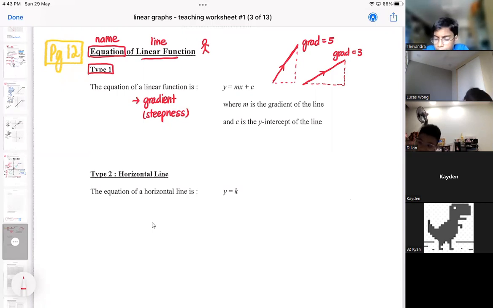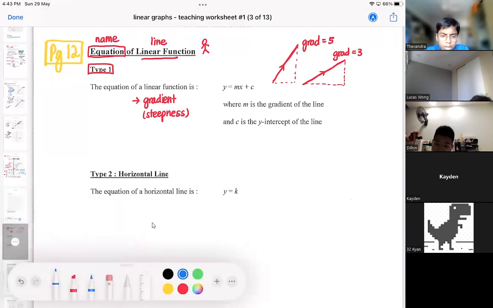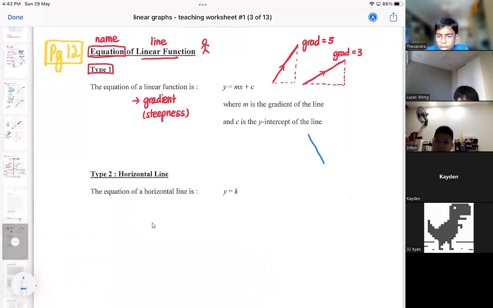Some of you may be thinking, what exactly is gradient? It's the steepness. There can be a positive gradient or a negative gradient. A negative gradient looks like this, going downwards. Again, this going downwards is very steep.